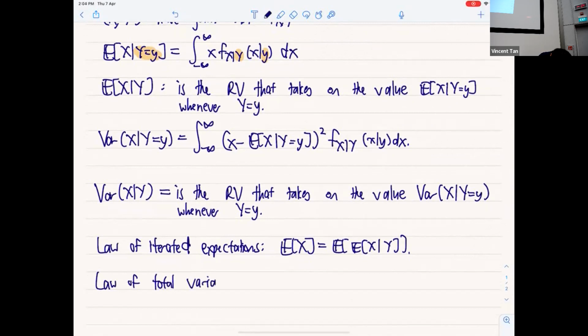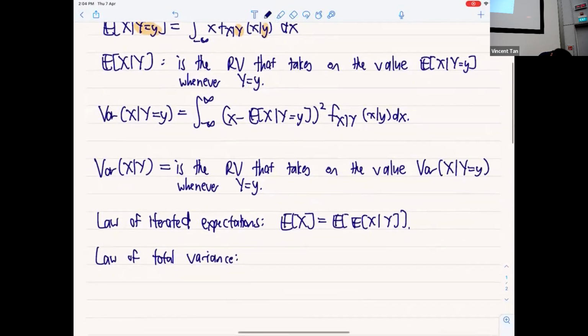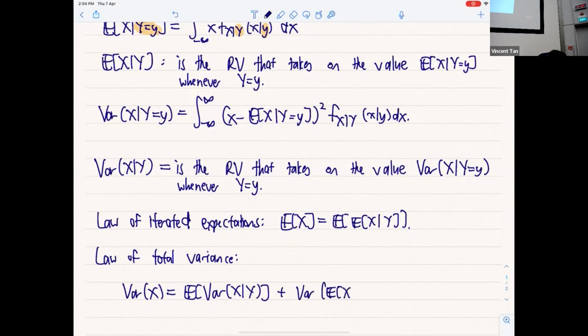This is something I talked about last time, and it can be expressed as follows. The variance of X is the expectation of the variance of X given Y, which itself is a random variable, plus the variance of the expectation. Okay, so these are two formulas that we should commit to memory.